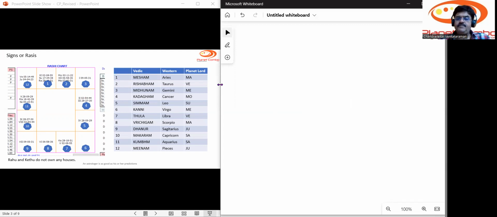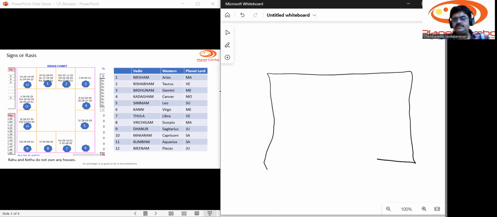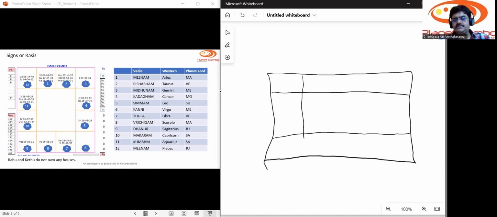So if I draw the chart, I'm drawing a South Indian chart. If the student is more comfortable with the North Indian chart, you can draw that. You can draw the same, but I'm just drawing a simple chart to explain what the houses are. There are 12 houses, and this is one of the simplest ways to draw a chart.